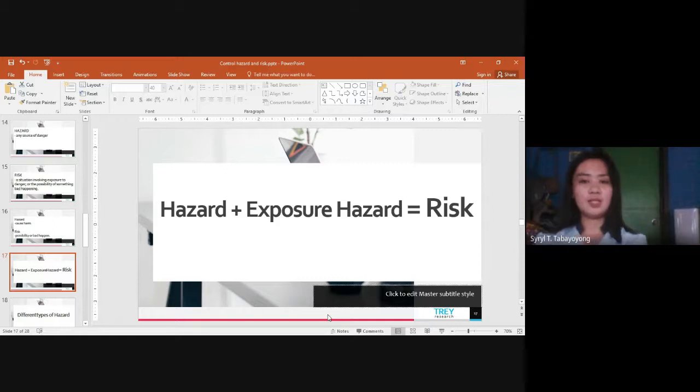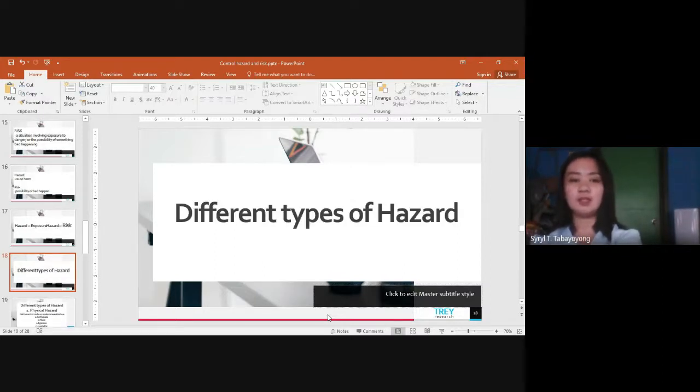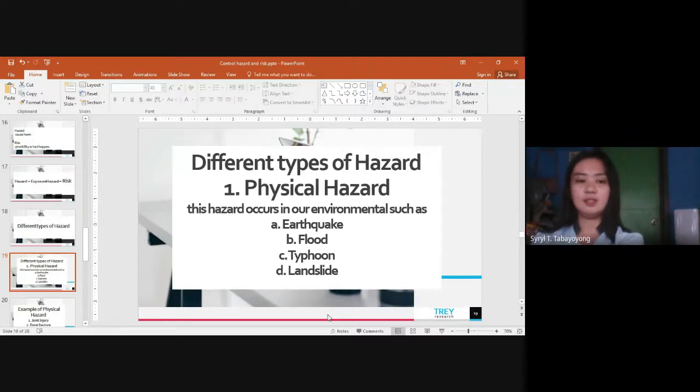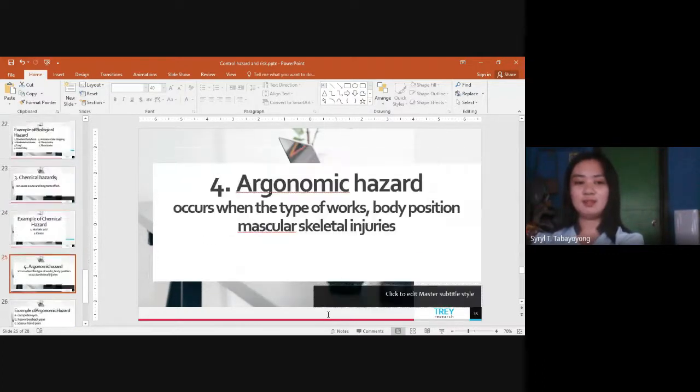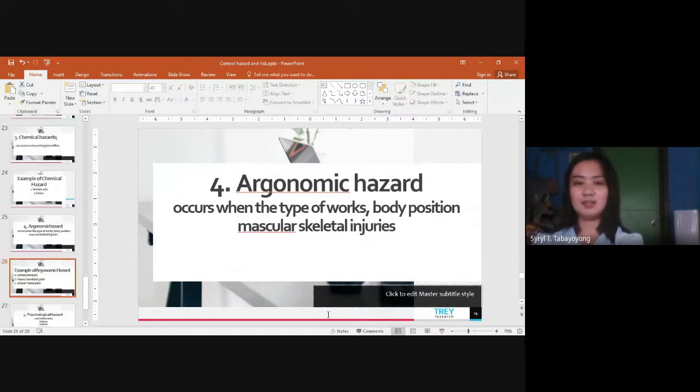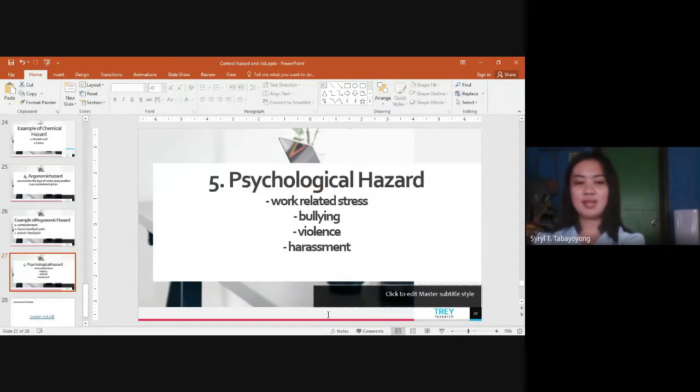So when we say risk, it is the hazard plus the exposure to the hazard. And the five different types of hazard are physical hazard, biological hazard, chemical hazard, ergonomic hazard, and lastly psychological hazard.